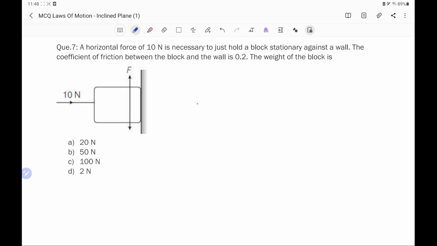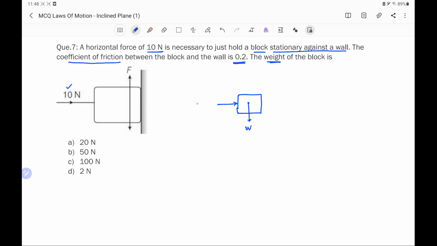Next question is, a horizontal force of 10 Newton, as shown in the figure, is necessary to just hold the block stationary against a wall. The coefficient of friction between the wall and the block is 0.2. The weight of the block is, if we make the free body diagram of the block, then its weight is acting downward, which we have to calculate.